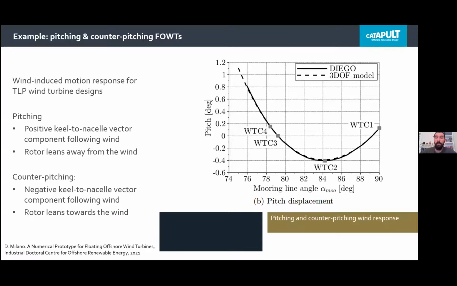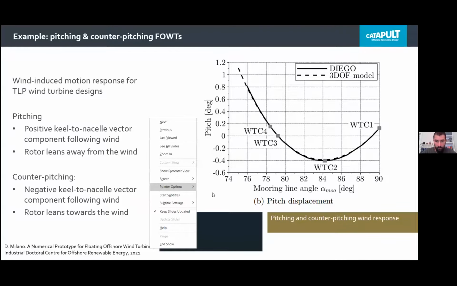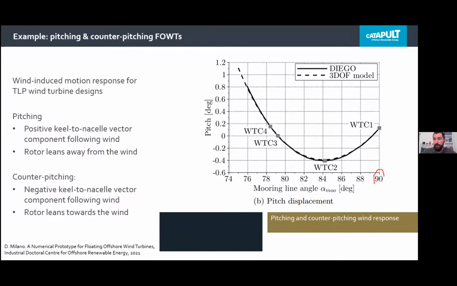In the image on the right-hand side over here, we can observe the tendons being vertical at 90 degrees over here. I'll just try to help you out with that. So 90 degrees means the tendons are vertical.